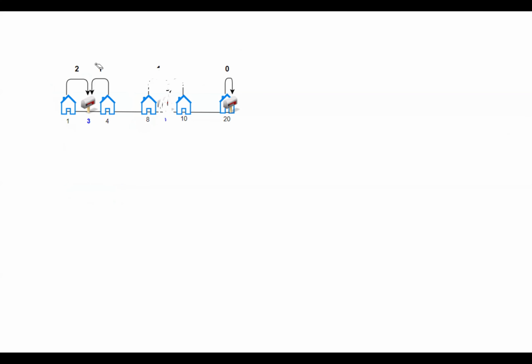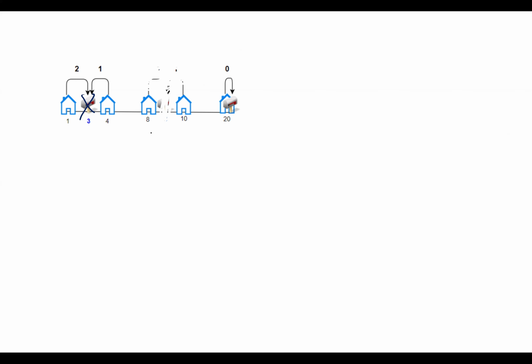So instead of just putting the mailbox here, why don't we follow the same thing? We always put the mailbox in the median house. The median house might be this or this. Still, we get the distance of 3. For the second one, we had 1 plus 1, a distance of 2. So we follow the same policy and put the mailbox in the median house, either here or here.